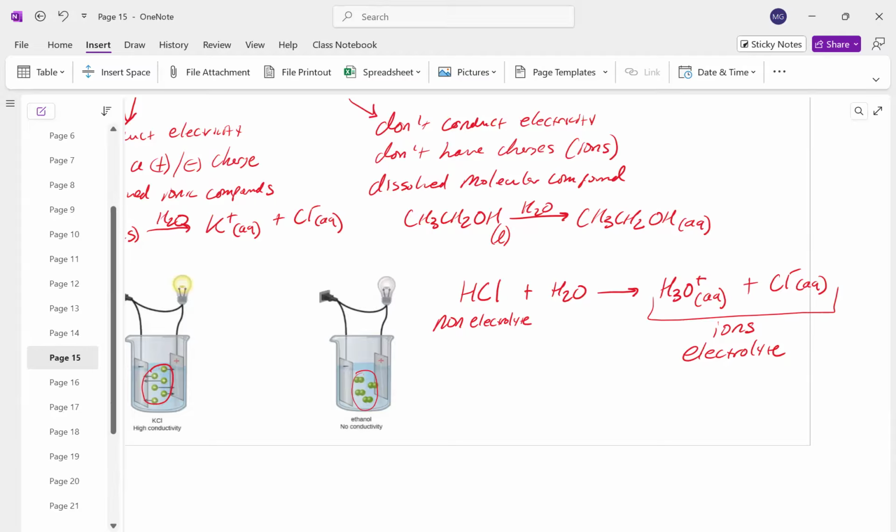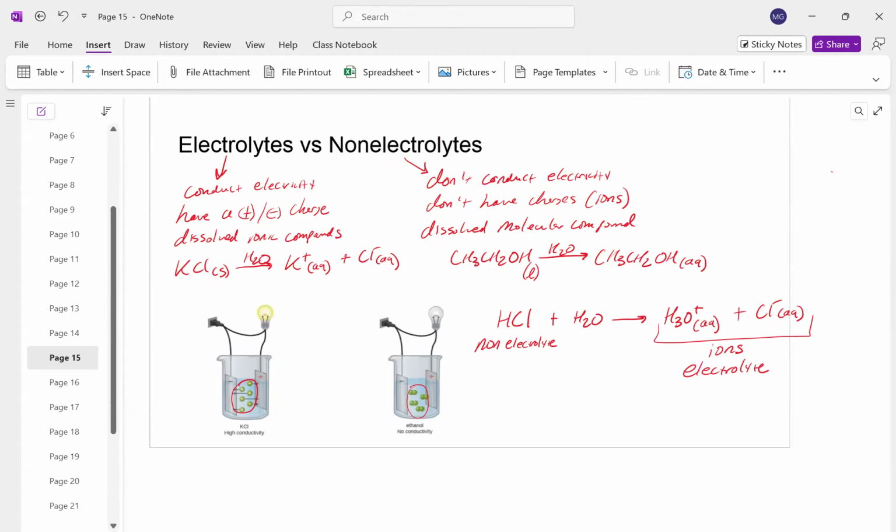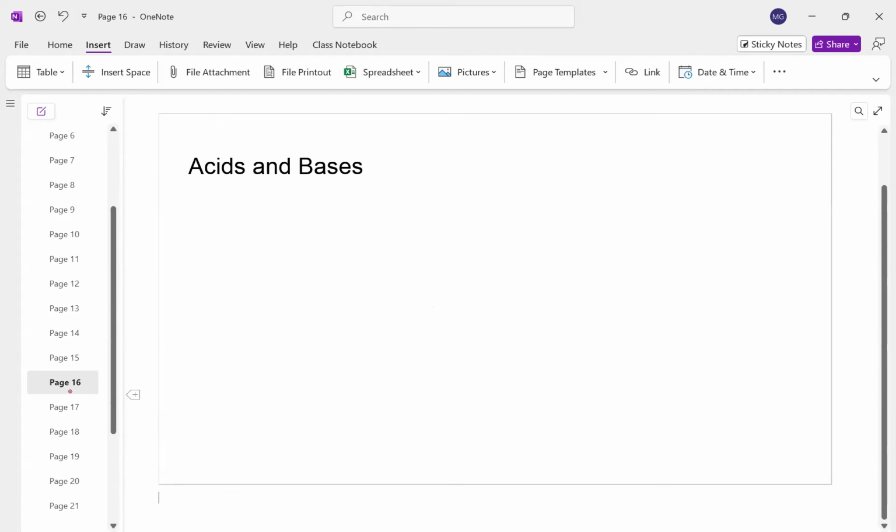And this is going to lead us to our other little side trail here, because HCl, you might recognize the formula, is hydrochloric acid. So let's talk a little bit about acids and bases. I'm not going to spend much time on this because you're going to go over this a lot more in depth in Chem 102.